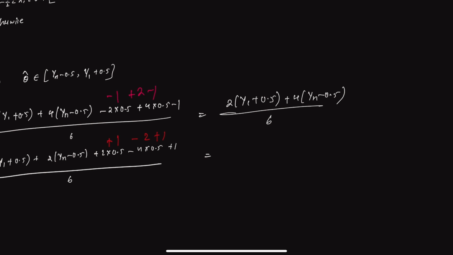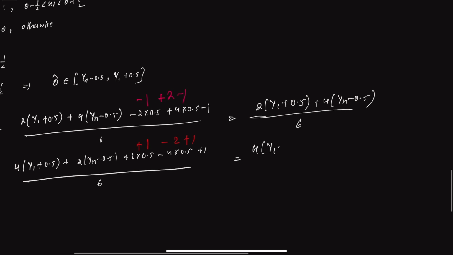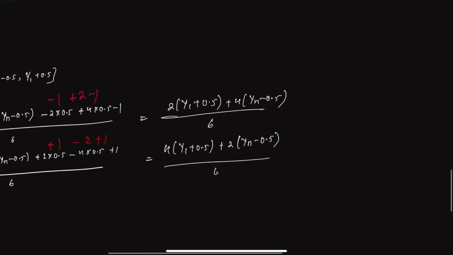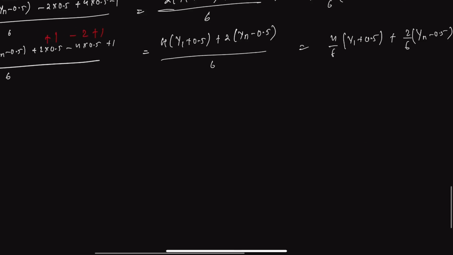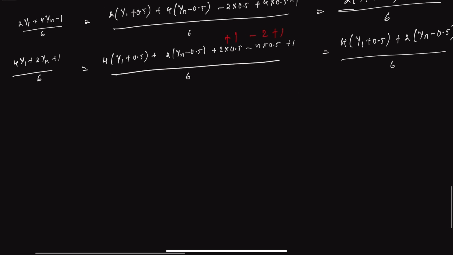So it will just be (4 times (y1 plus 0.5) plus 2 times (yn minus 0.5))/6. Now this is nothing but 2 by 6 into (y1 plus 0.5) plus 4 by 6 into (yn minus 0.5), and this is 4 by 6 into (y1 plus 0.5) plus 2 by 6 into (yn minus 0.5).